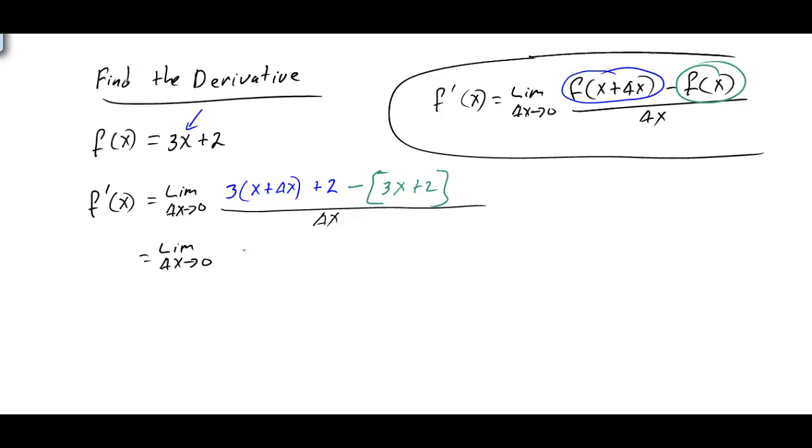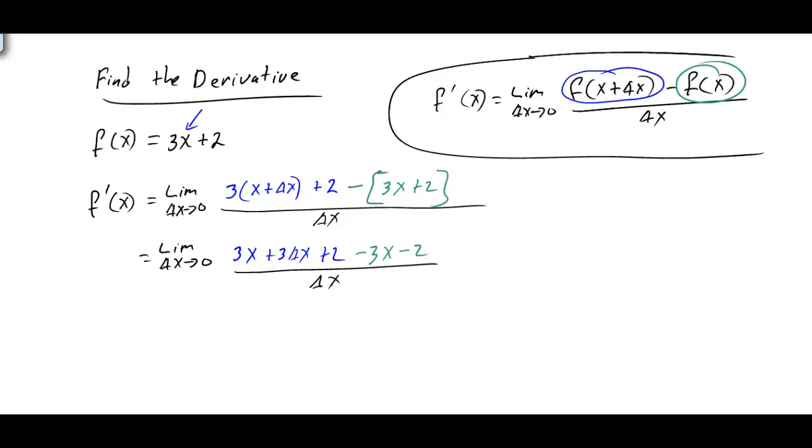So just like here we have to distribute the 3 on top, we're going to get 3x plus 3 delta x plus 2, and now we distribute the negative sign and we get a negative 3x minus 2 over delta x. Now, can we use direct substitution? And the answer is no, because once again, we still have delta x on the bottom.